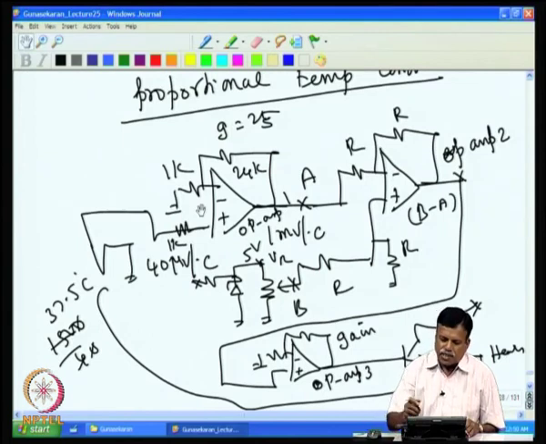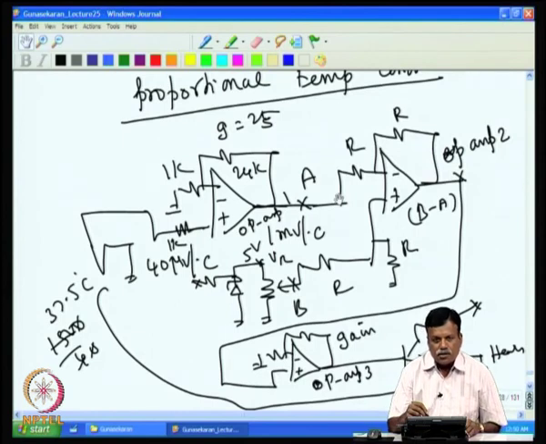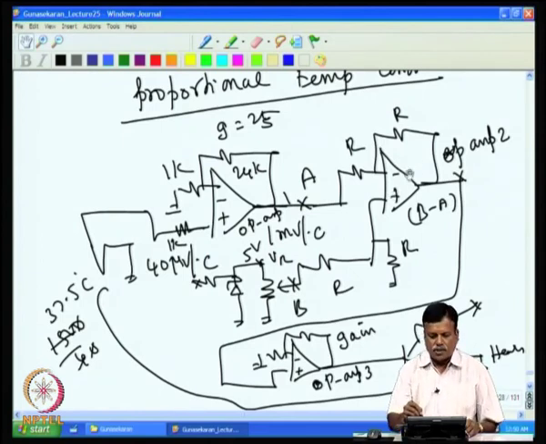Then if you look at the second stage, that is op amp 2. In op amp 2, the signal level is already 1 millivolt. So, the drift of most op amps is not more than 15 microvolt per degree C. Even for 100 degrees it is only 1.5 millivolt, that will correspond to only 1.5 degree error at this point.